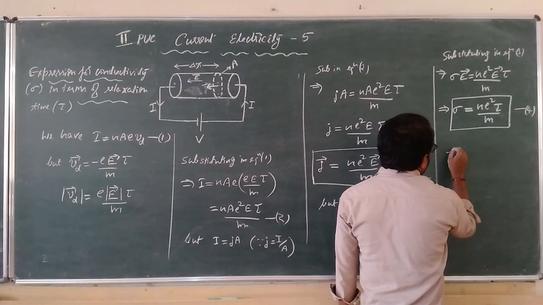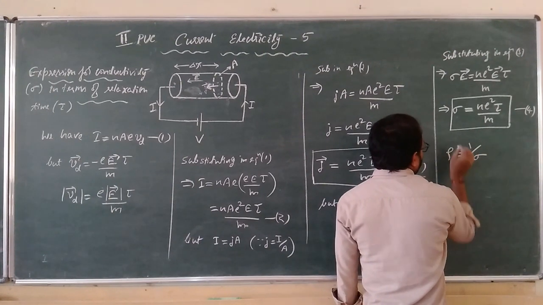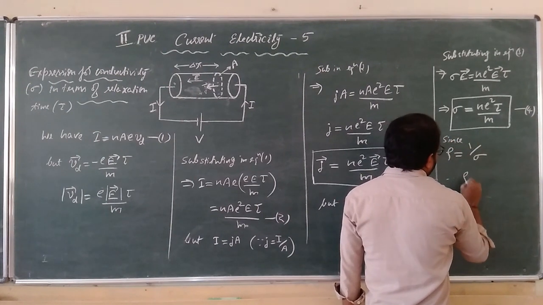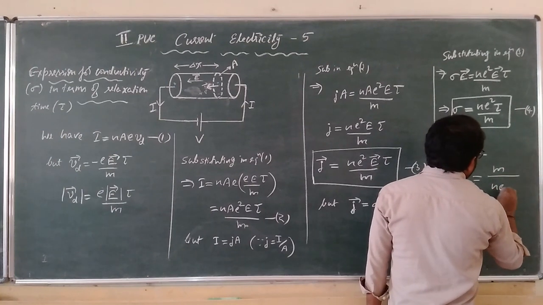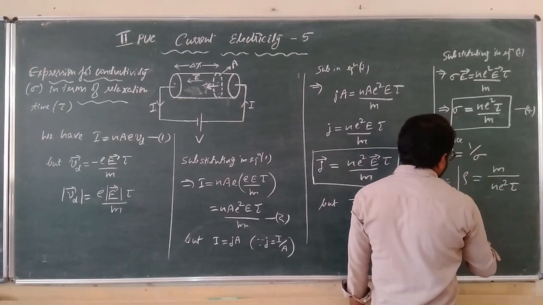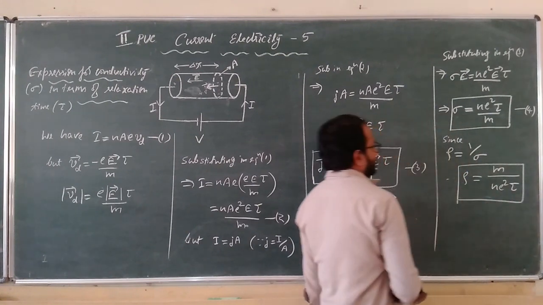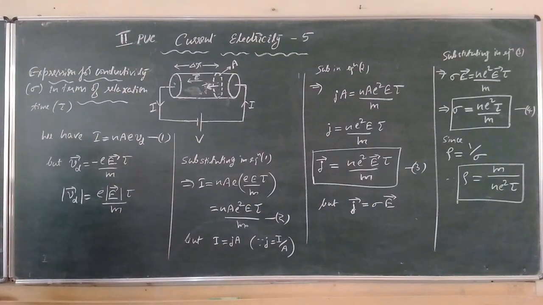The resistivity of the material of the conductor is the inverse of conductivity. Therefore, the resistivity rho is equal to m by n e square tau.